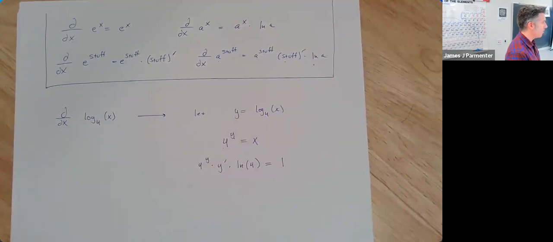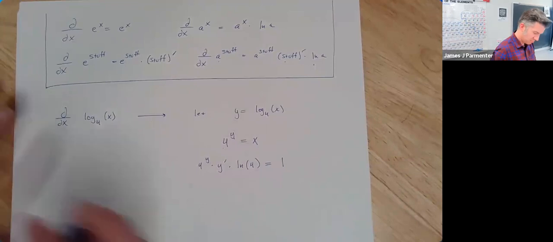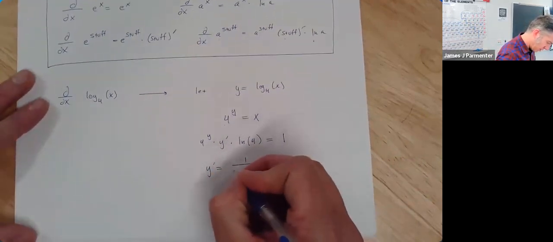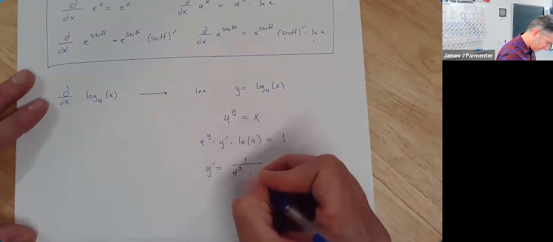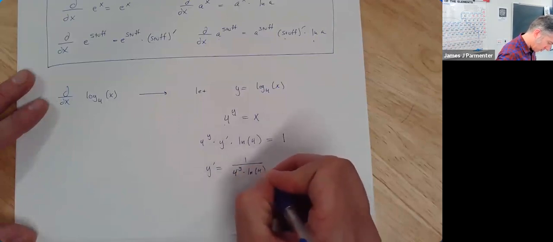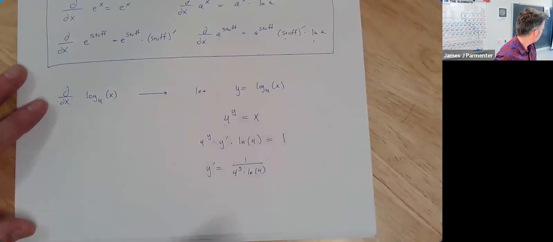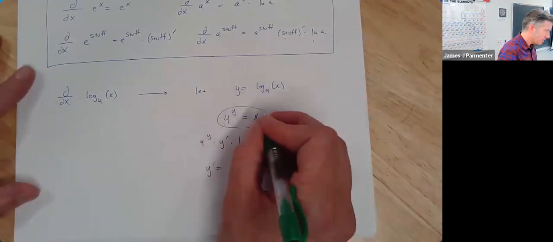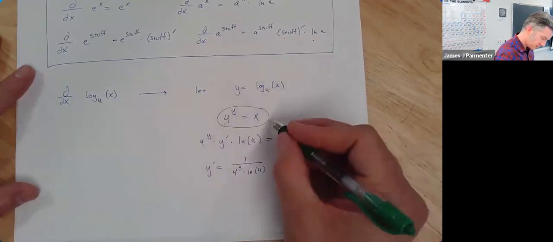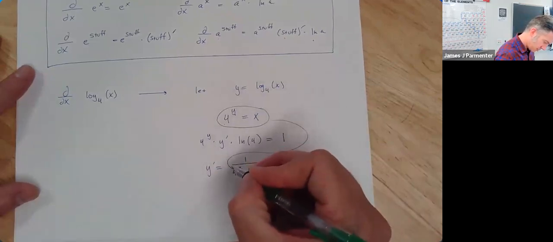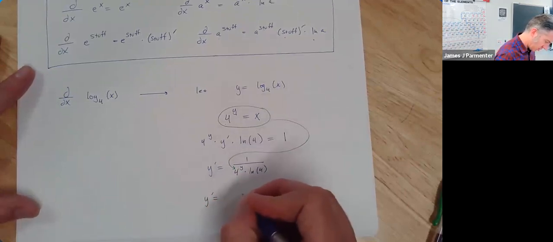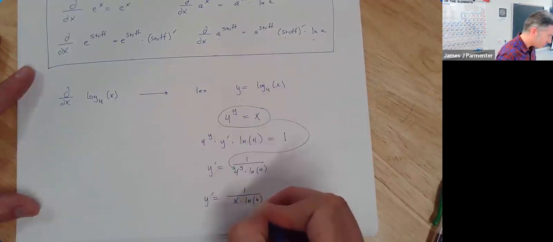Now I'm going to solve for y prime. I'm going to get y prime equal to 1 over 4 to the y times the natural log of 4. But 4 to the y is equal to x. So really, y prime is equal to 1 over x times natural log of 4.